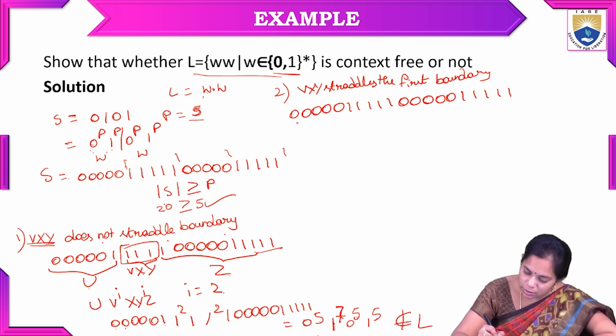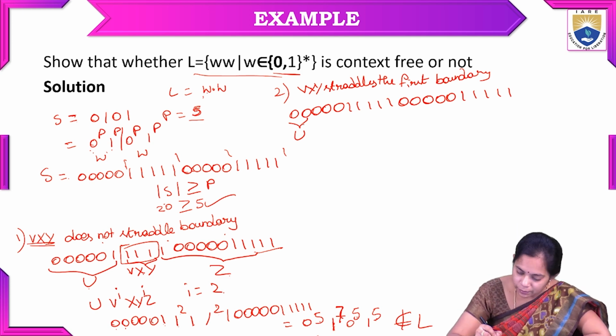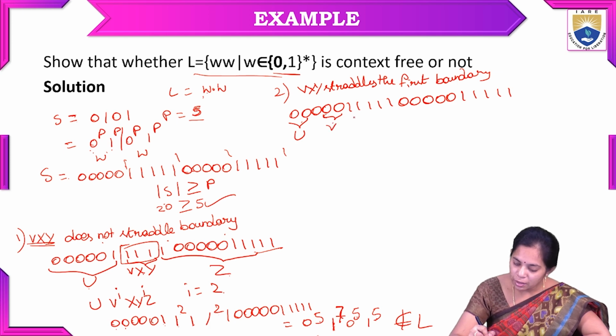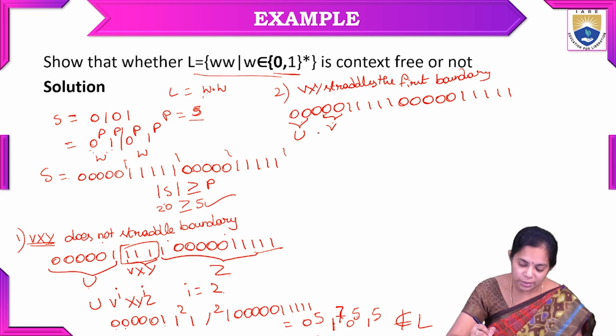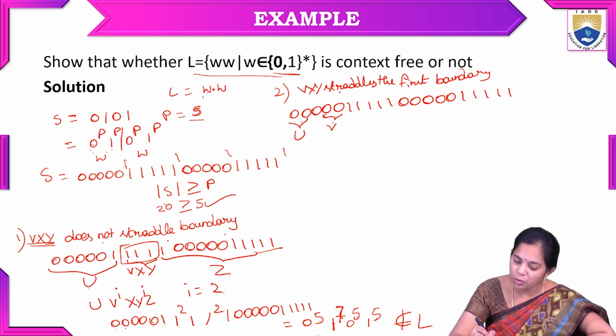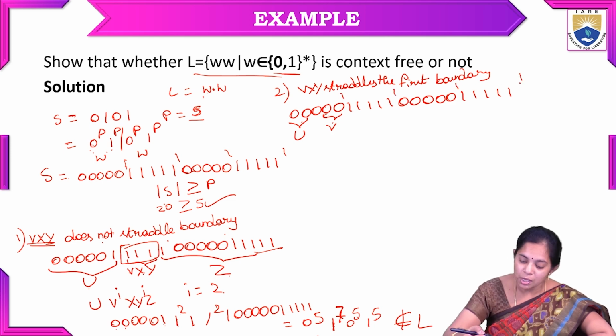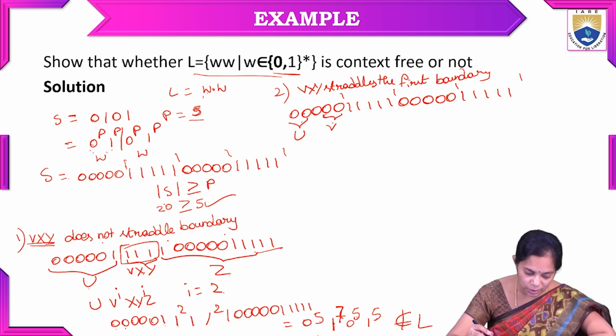So here the first 2 zeros are u, and the next is v, and v, x, y straddles this first boundary, which we have to select. So this is one boundary, this is one boundary, and this is one. In this boundary we have to select the values.